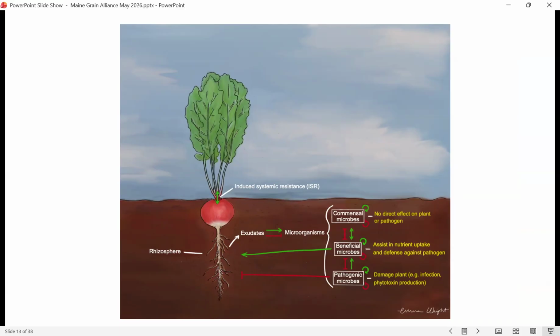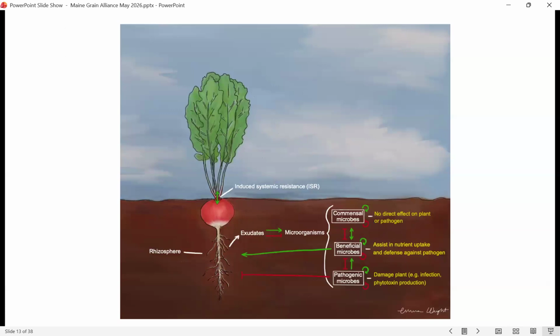If we were to divide the microbial community into three big classes, we have those that have no, or a neutral, relationship with plants. We have those that are beneficial, and the interaction with plants will assist them in taking up nutrients as well as defending the plants.